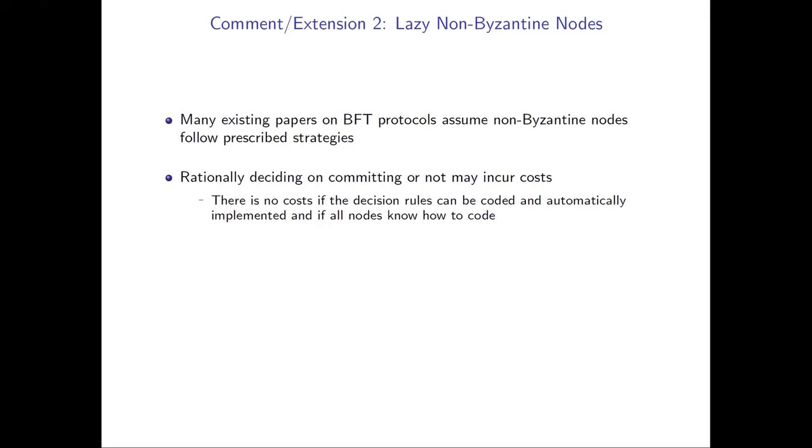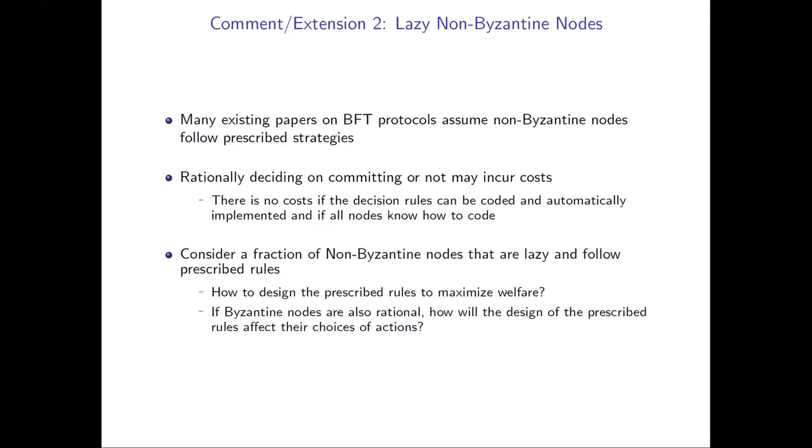So, people are different, and maybe you can consider a fraction of non-Byzantine nodes that are lazy and just follow the prescribed rules. And maybe the protocol can give some reward to these non-Byzantine honest or lazy players to follow the prescribed rule. And in this sense, how should we design these prescribed rules for this fraction of lazy non-Byzantine nodes to follow, especially in the context of the rest of the nodes being rational, and potentially even the Byzantine players being rational, right?